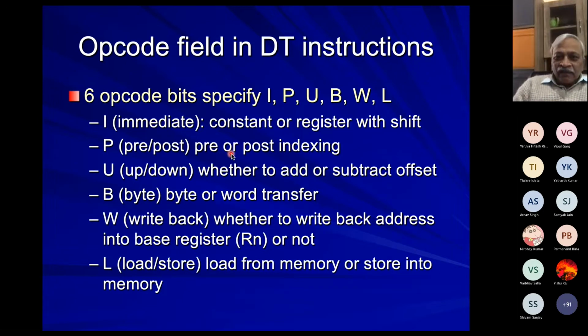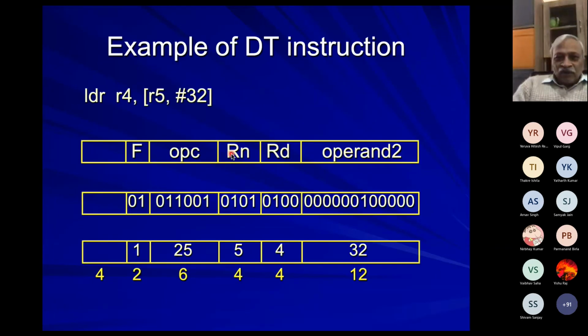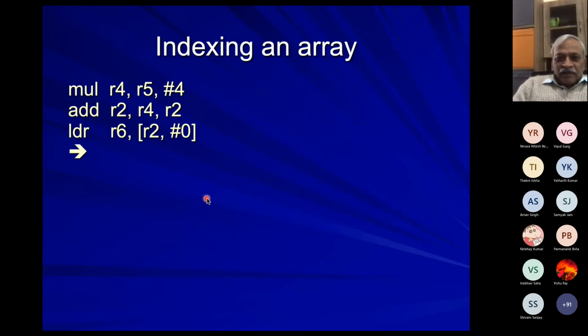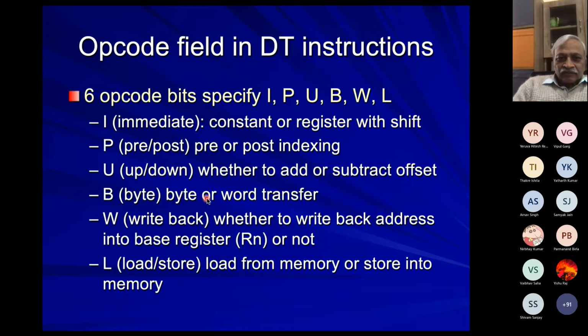L bit indicates whether it is load or store. So you could see that I talked about opcode 24 for store and 25 for load. They differ basically in this bit position, which is the L bit. So in the 6-bit opcode, each bit has a specific role to play, as you can see here.